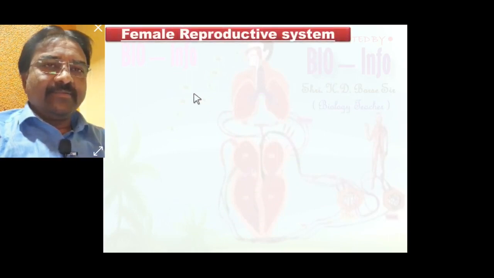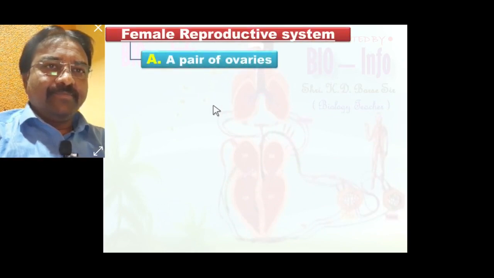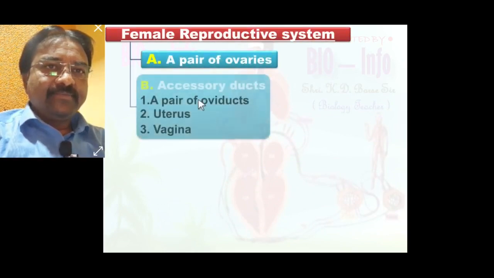You know that the female reproductive system consists of a pair of ovaries, accessory ducts like a pair of oviducts, uterus, vagina. So all these three are accessory ducts.